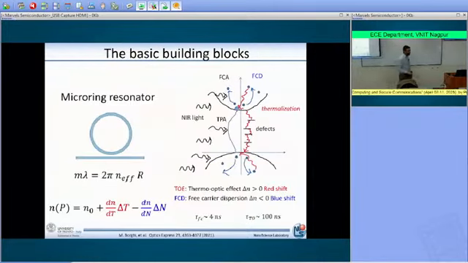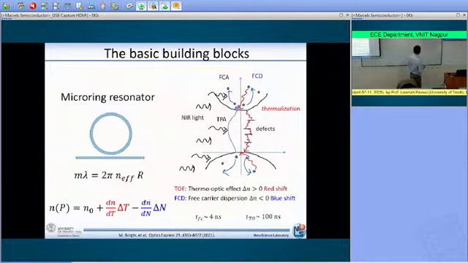However, if you increase the optical power at the input, you are entering a nonlinear regime where other effects start to play a role. In this case, you are entering a regime where two-photon absorption is important. Does anyone of you know about two-photon absorption? Ever heard about two-photon absorption?